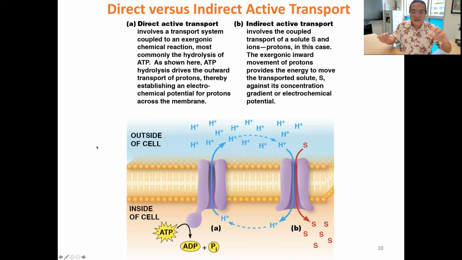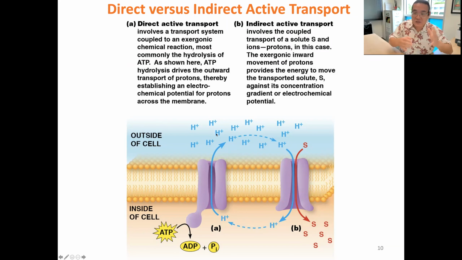So let's discuss this concept of direct versus indirect active transport. So here in this cartoon on the left is an active transport protein, just like the ones that we looked at. They're called direct active transport because these proteins themselves manage to bind and break ATP, changing the shape of the protein, allowing the protein to do something like, in this case, pump protons, H pluses, from one side of the membrane where the H plus concentration is low to the other side of the membrane where the concentration is already very high.